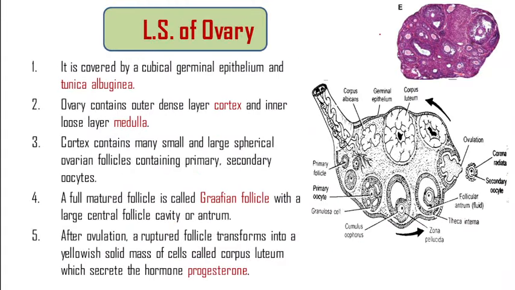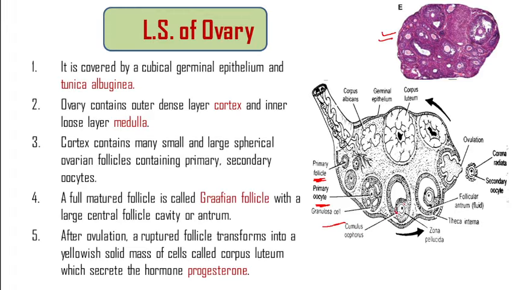Next, if you are going to get this kind of a diagram or this kind of a slide which would be placed under the microscope, you are going to identify it as the LS of ovary. You're going to draw this kind of a diagram in which you will show the primary follicle, primary oocyte inside the primary follicle, granulosa cells surrounding the oocyte, then cumulus oophorus.